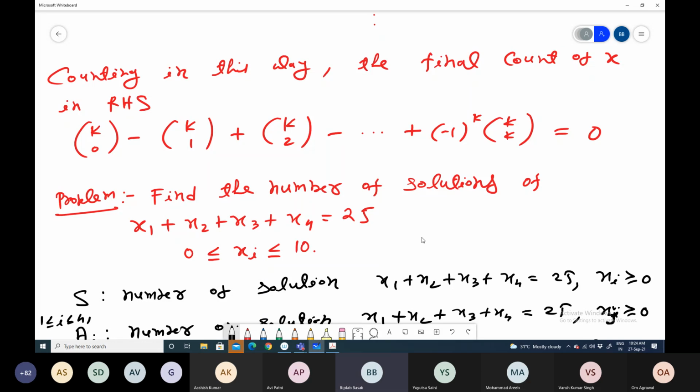So generating function is one way, and inclusion exclusion is another way. So there are 2 ways. But during examination, we will ask that you prove it by inclusion exclusion or prove it by generating function. Why will we ask that? Otherwise, it is difficult to check the question if we don't restrict you. Many people will have many solutions, and with 200 copies, it is very difficult to check a single question. So that is the only reason I will restrict.